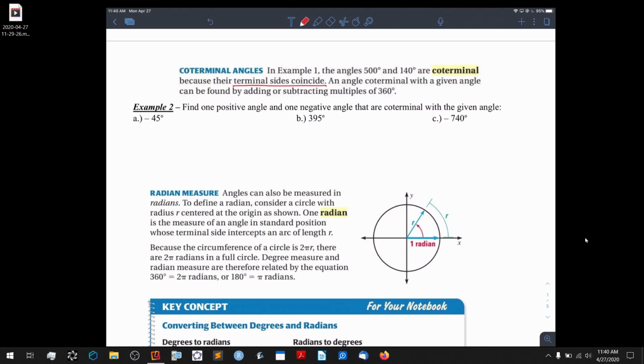The initial side is always at 0 degrees for positive or negative angles, but coterminal angles are angles that have their terminal side in the same place. So angles that end in the same place but are different sizes is basically what this means.